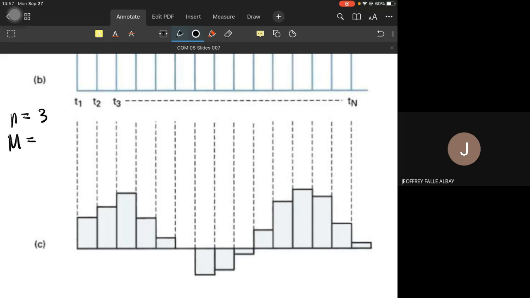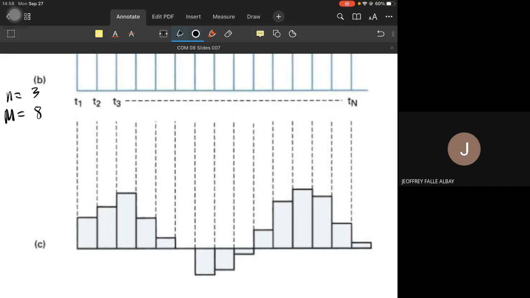It's 8. Okay, so 8. So a 3-bit system has only a limited number of possible voltage levels, which is 8, since 2 to the power of 3 equals 8. M equals 8.